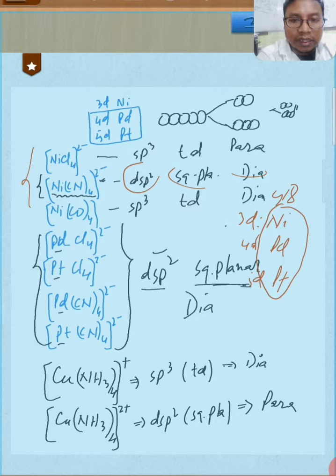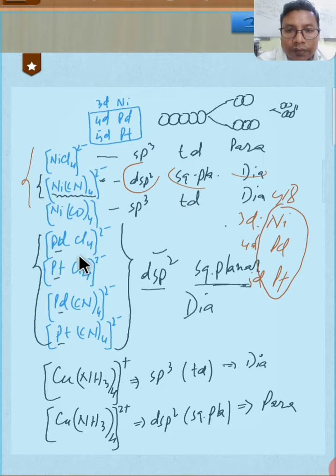The reason is that in their complexes, this can be explained not by valence bond theory, but by crystal field theory, where the splitting of d orbitals into different sets of orbitals will be large in their complexes, right?